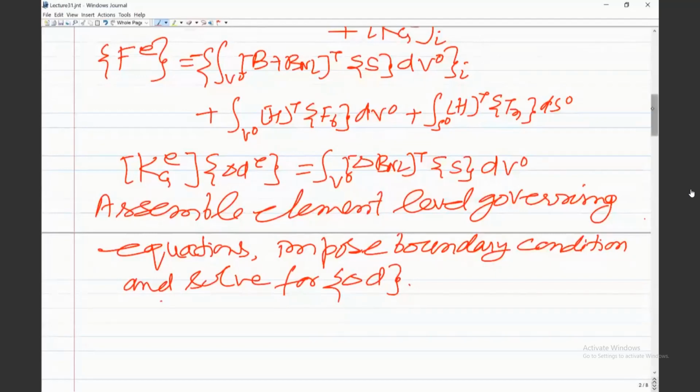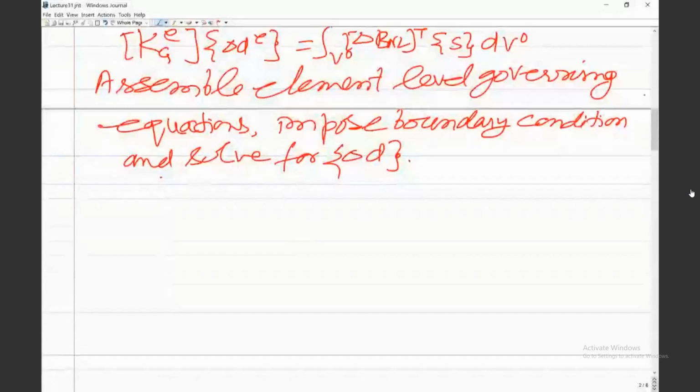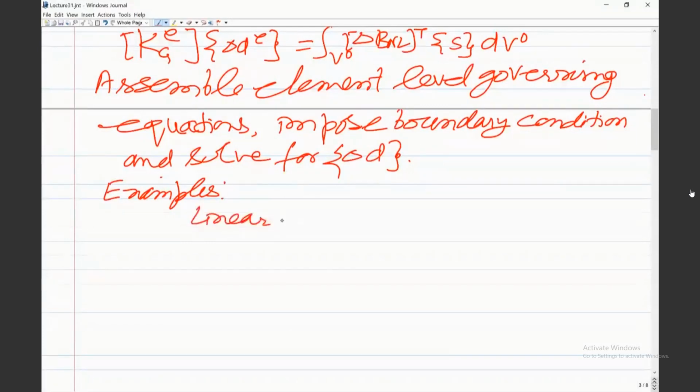So, simpler examples. This is what we have discussed as a general 3D case. Now as an example, let me take a very simple example: a linear elastic rod under axial load.